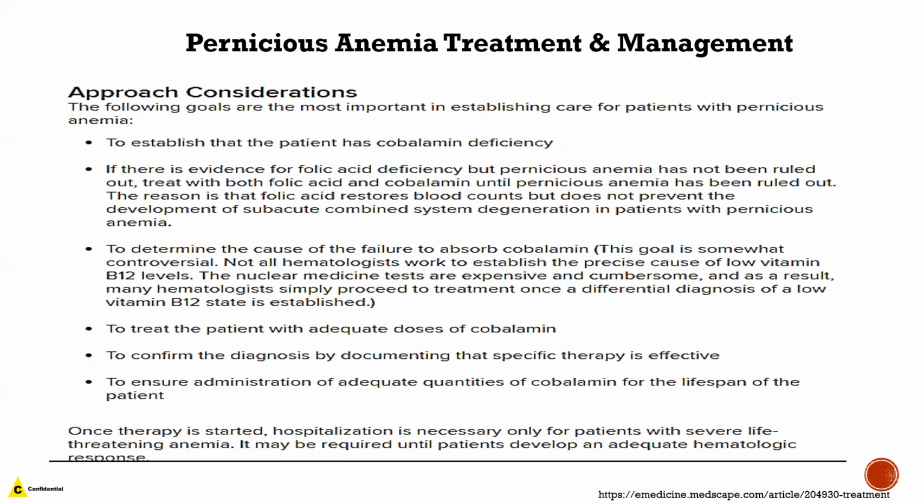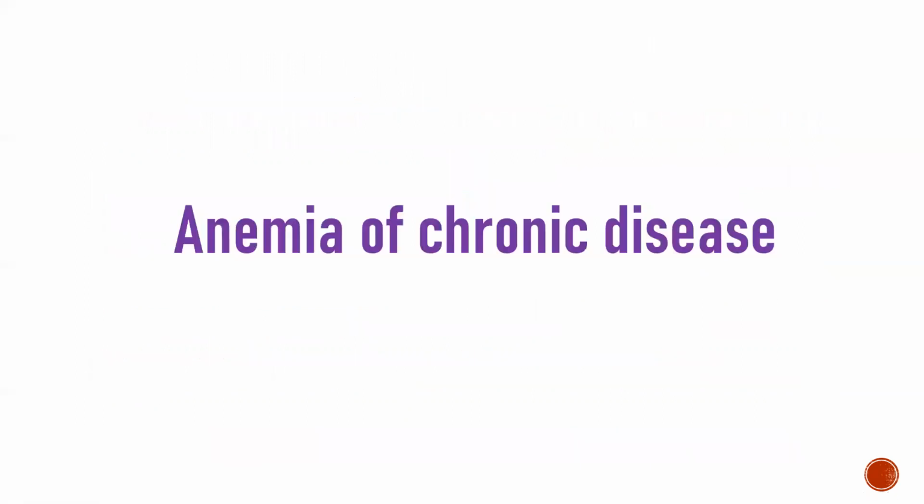To determine the cause of the failure to absorb cobalamin, though not all hematologists work to establish the precise cause of low vitamin B12 levels, to treat the patient with adequate dosages of cobalamin, to confirm the diagnosis by documenting that specific therapy is effective, and to assure administration of adequate quantities of cobalamin for the lifespan of the patient.